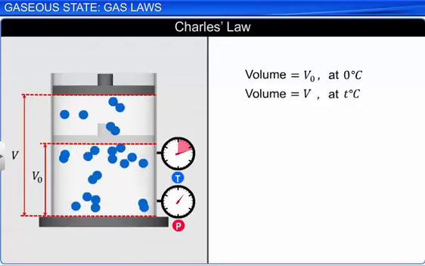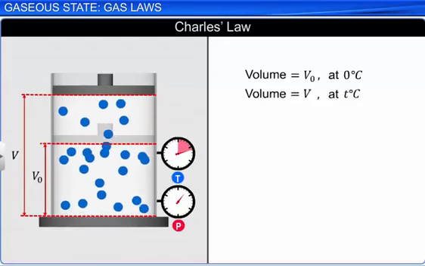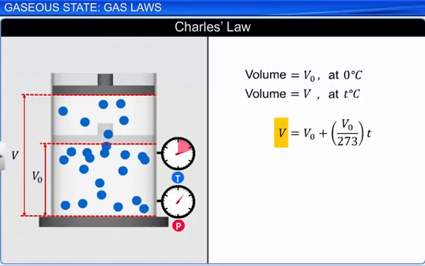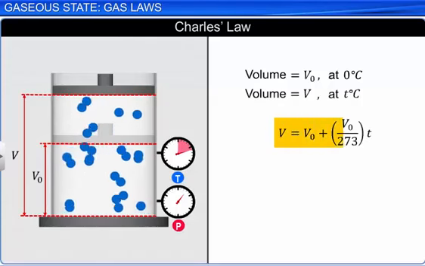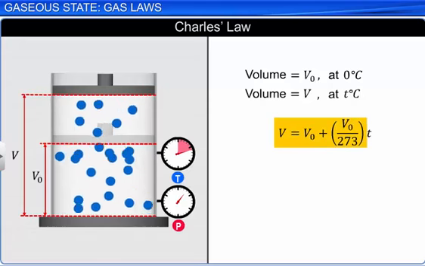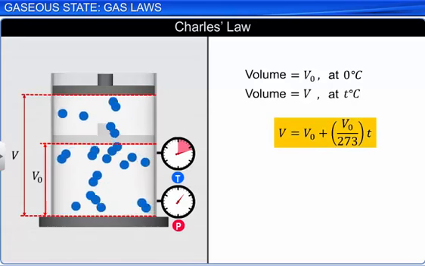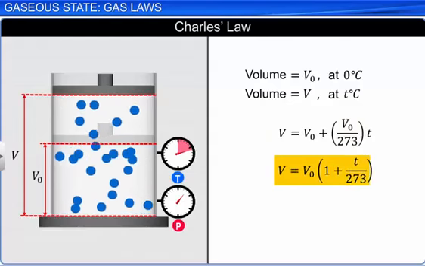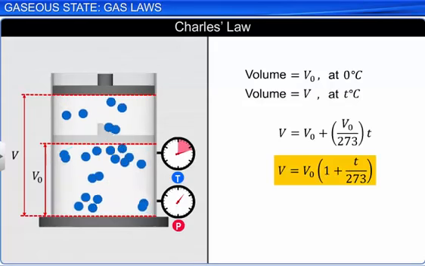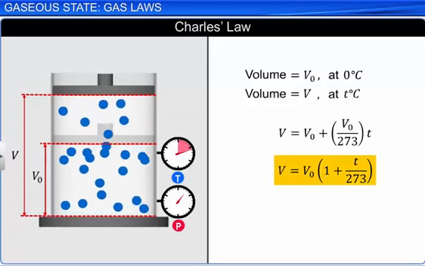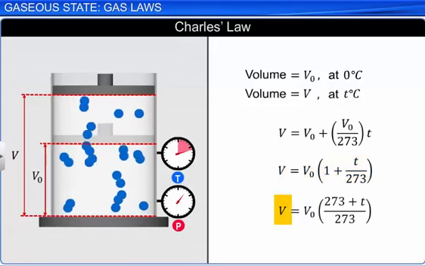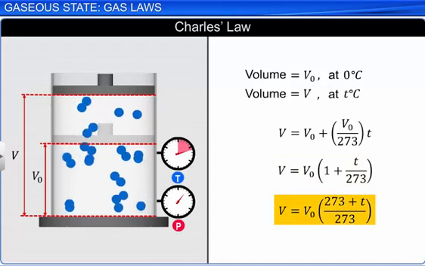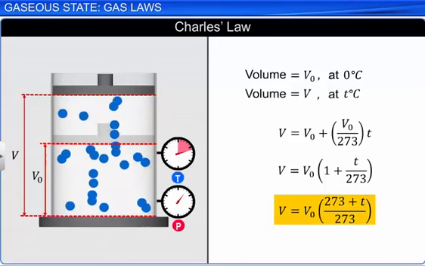Then, volume V at temperature T is equal to V0 plus V0 divided by 273 into T. Or V is equal to V0 into 1 plus T divided by 273. Or V is equal to V0 into 273 plus T whole divided by 273. Let this be equation 1.